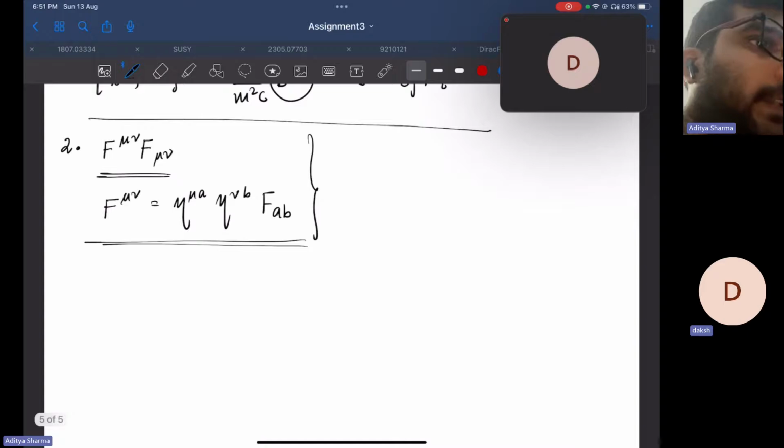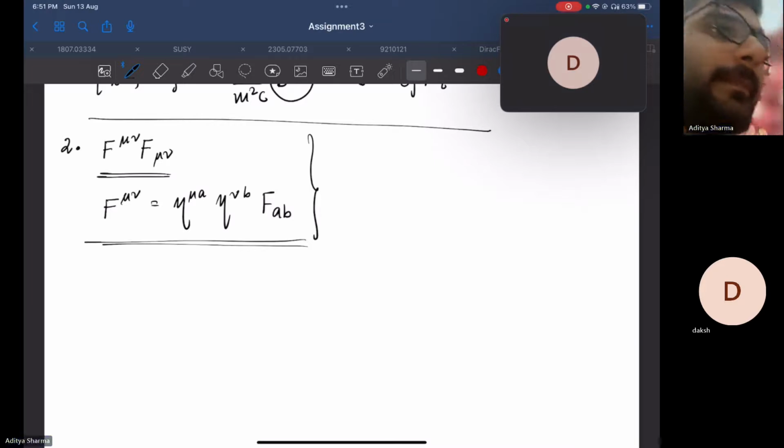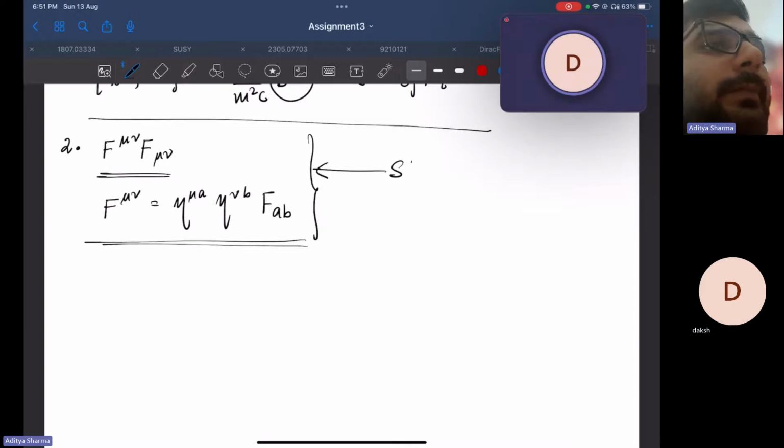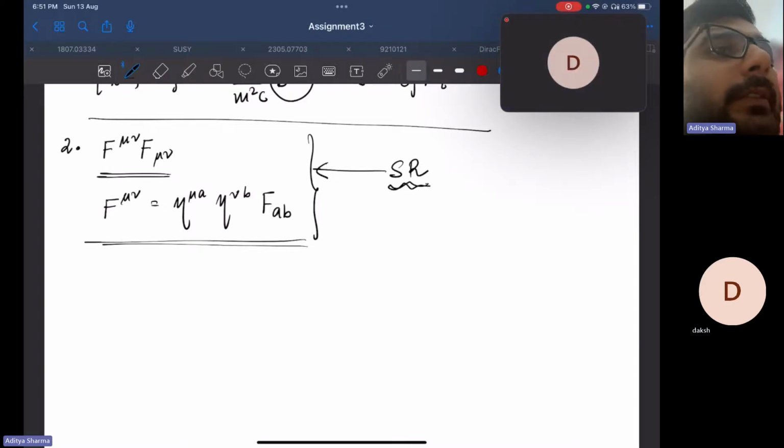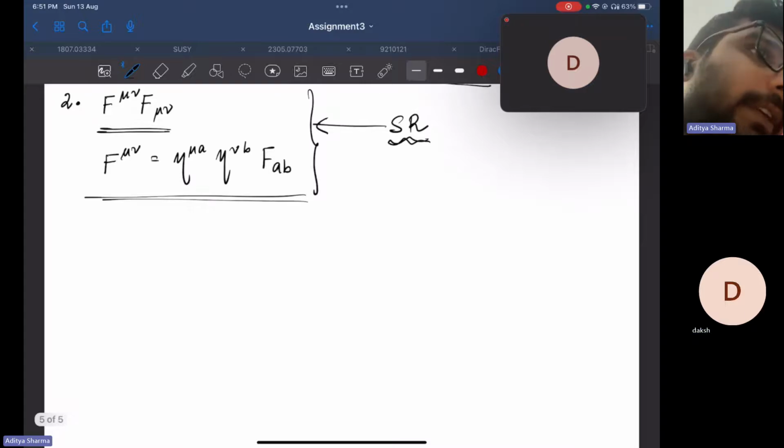Okay, this is for this case. This is for whenever you are dealing with special relativity. Remember this. This is coming because we are doing special relativity here, because in our theory we have this symmetry, Lorentz symmetry.